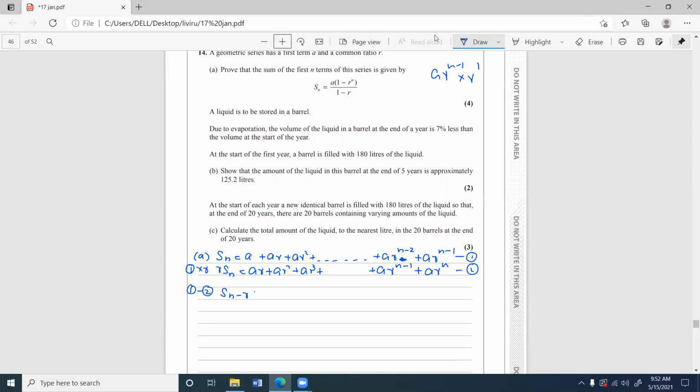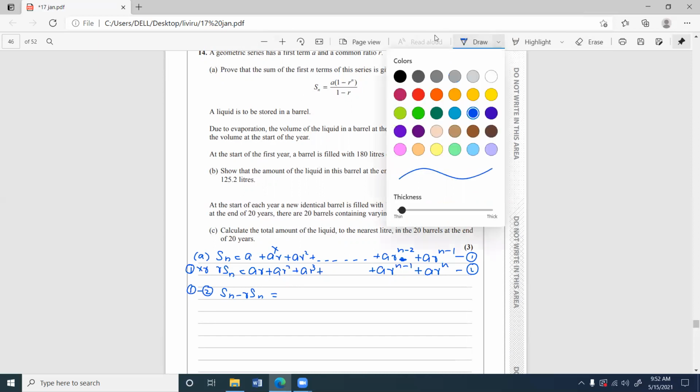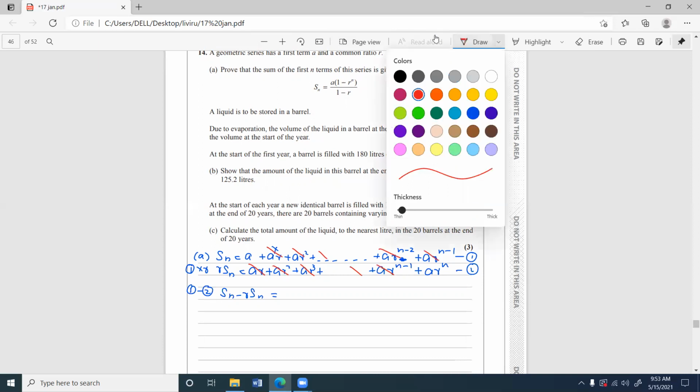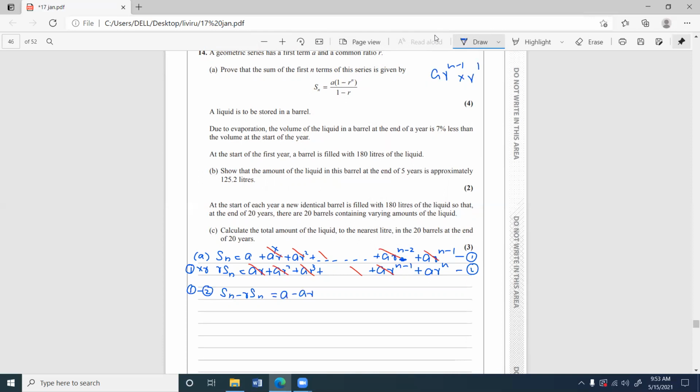Sn minus r times Sn. If you subtract, you can see these terms cancel each other. This term cancels with this term, this term cancels with this, and so on. Finally, it turns into a minus ar to the power n.